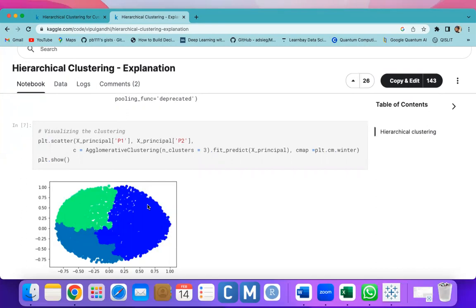When I'm using hierarchical clustering, I can go ahead with the dendrogram and finalize the optimal number of clusters. If you're using k-means clustering, we identify the number of clusters with the help of the elbow method. Clear? Any question?